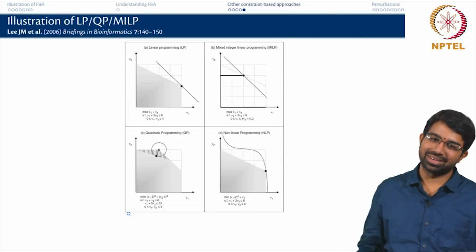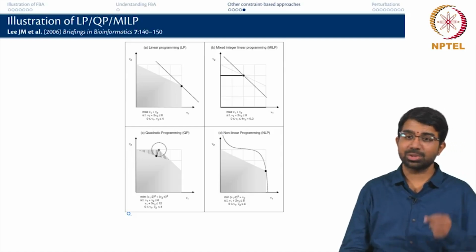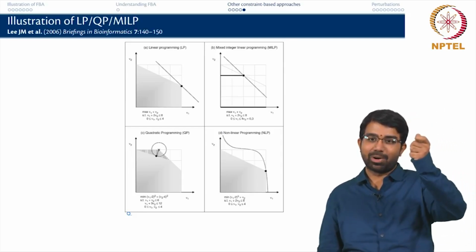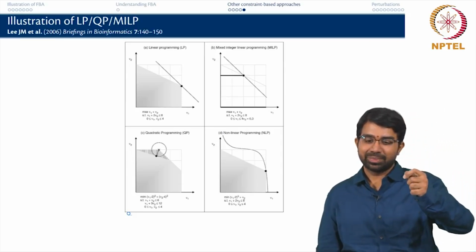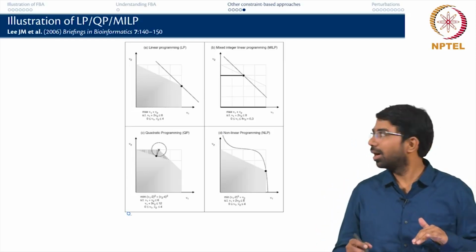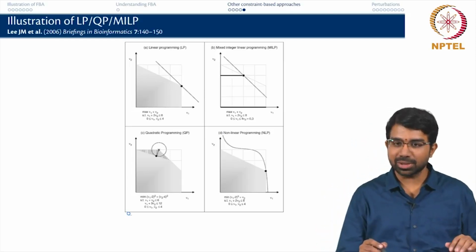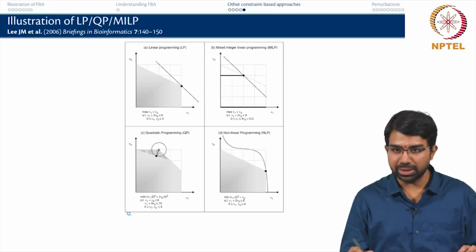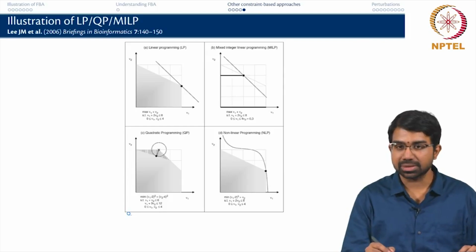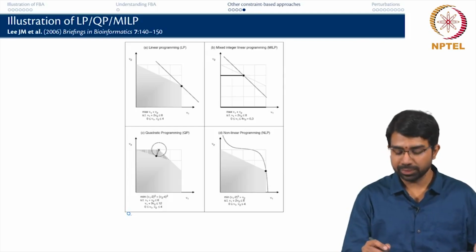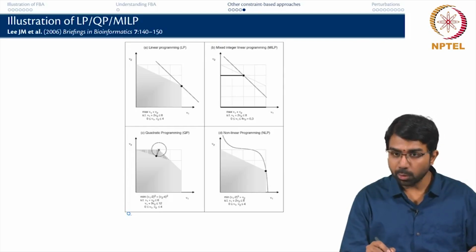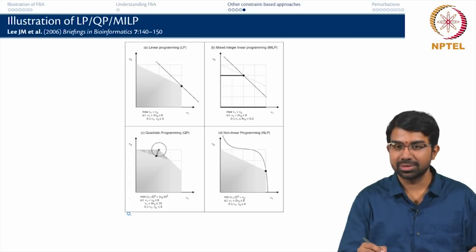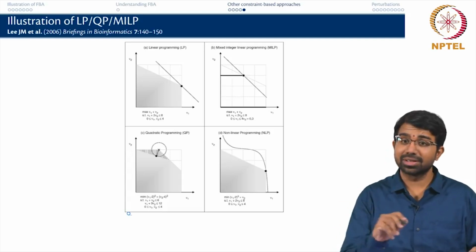It's too difficult to show in one dimension, but it has to pass through the grid points. Let us say the x axis is V1 and the y axis is Y1. Y values have to be integers, so you will only consider the places where this objective function intersects the horizontal grid lines.